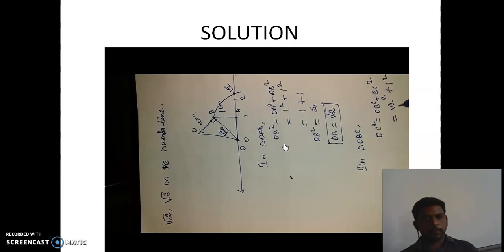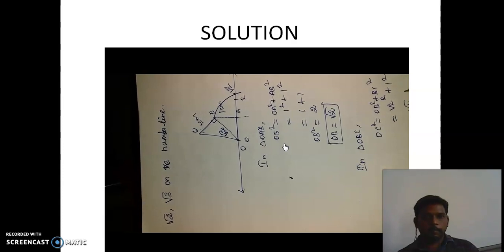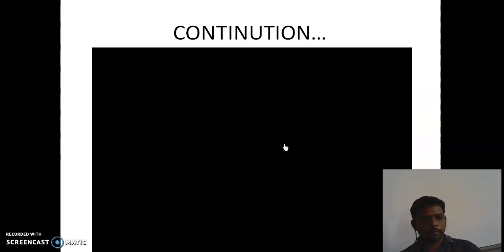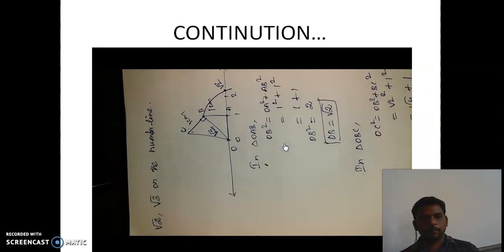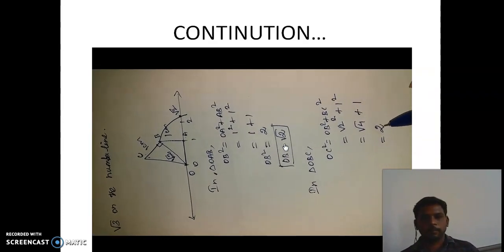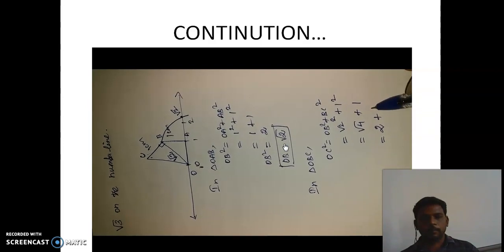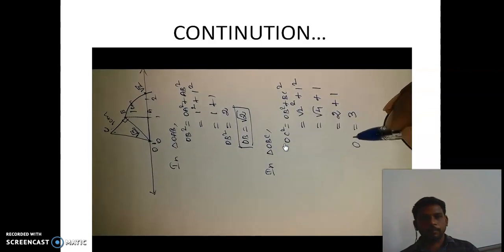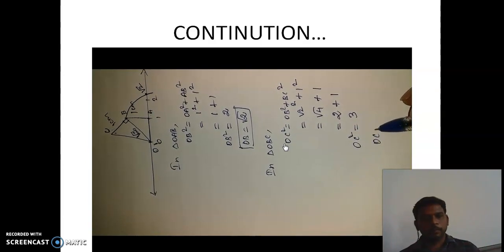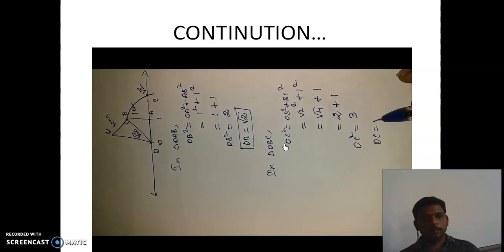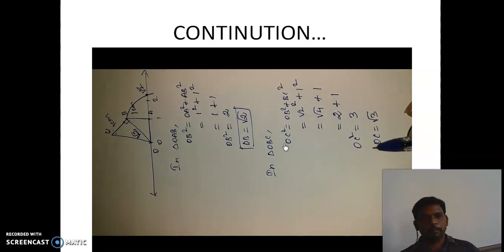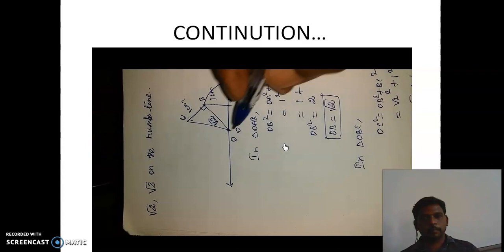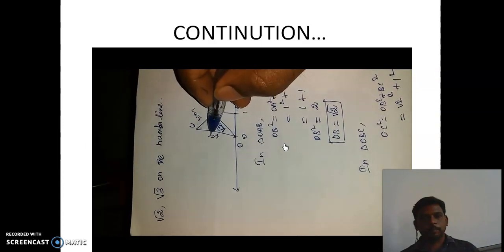Root 2 square is nothing but 2, plus 1 square is 1. So 2 plus 1, 3. So OC square equals 3. Therefore OC equals, taking the square on that side, it becomes root, so root of 3. Therefore this length OC is nothing but root of 3.